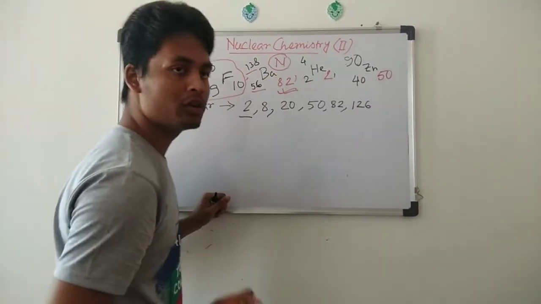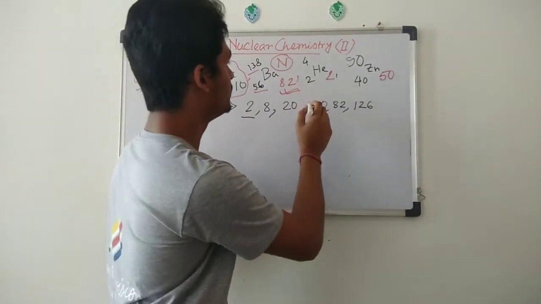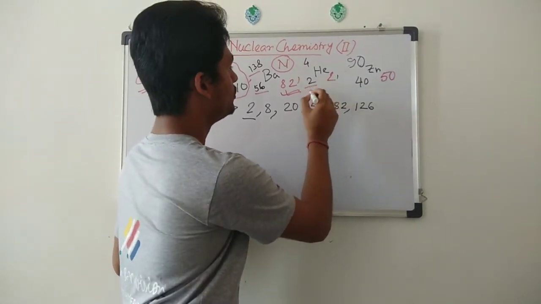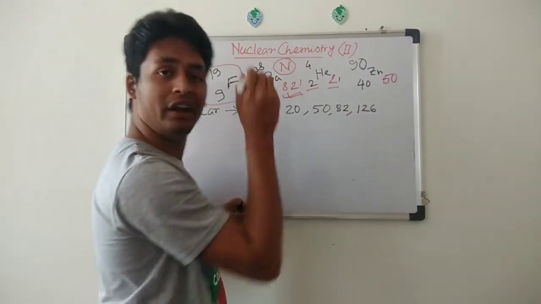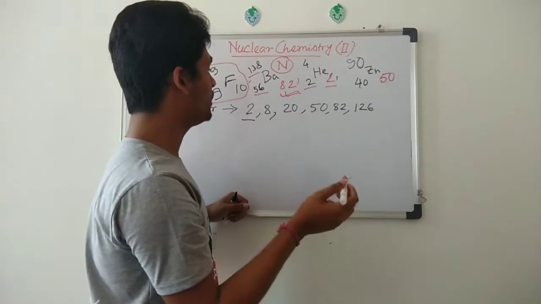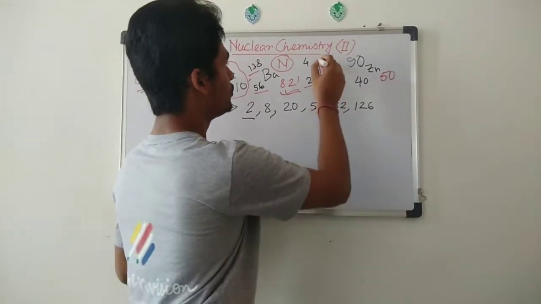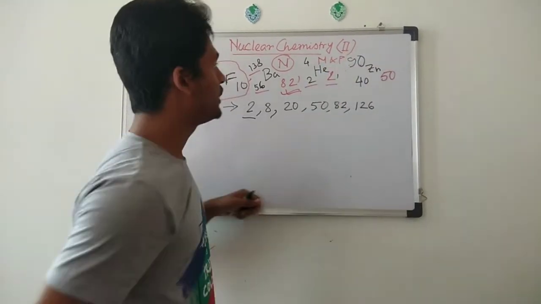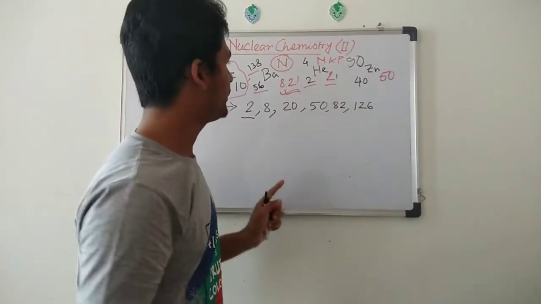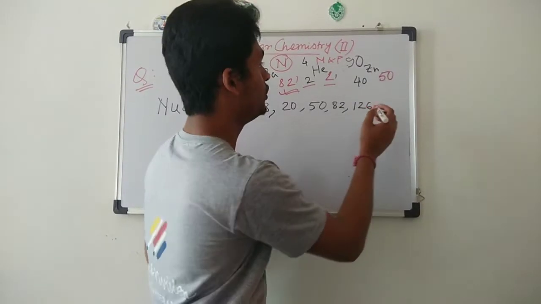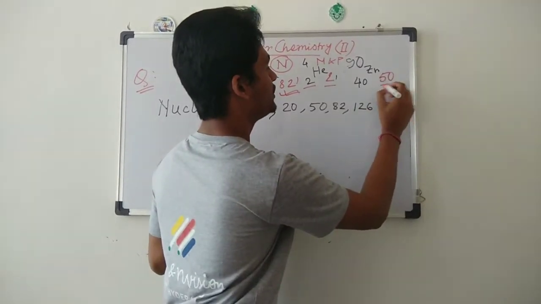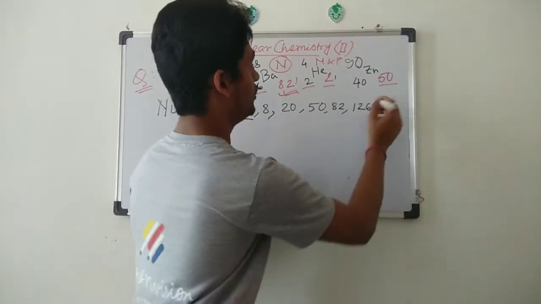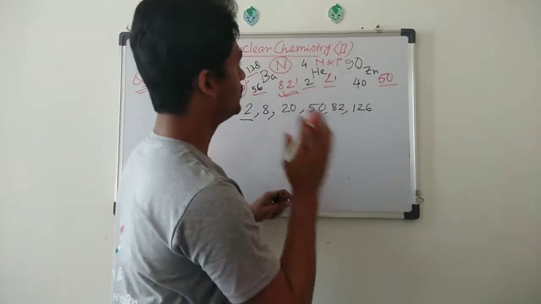Now come to this. It has both neutron number and proton number as magic numbers, so I am writing n and p. In this case, 40 and 90 are not magic numbers, but 50 is. So again it has one magic number, as its neutron number.